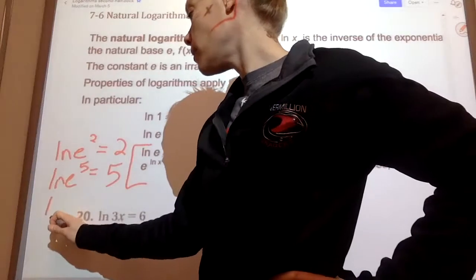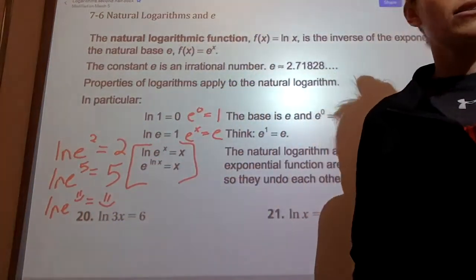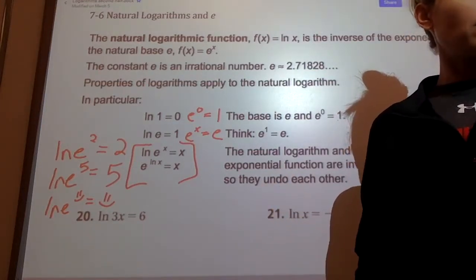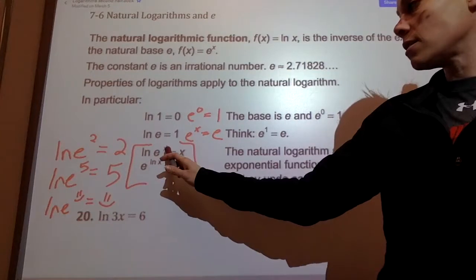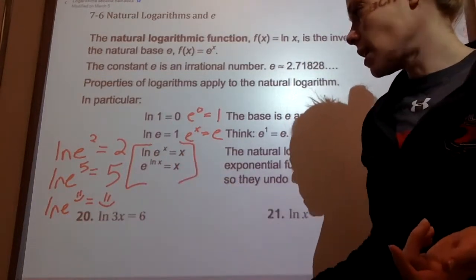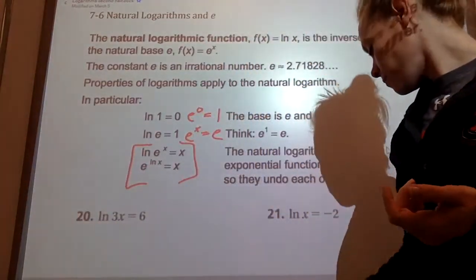If I had ln of e to the smiley face, it's going to be smiley face. It's just a pattern. If you have ln of e to any power, it's that power. That's what this property is saying. Ln of e to the x is x. Okay?